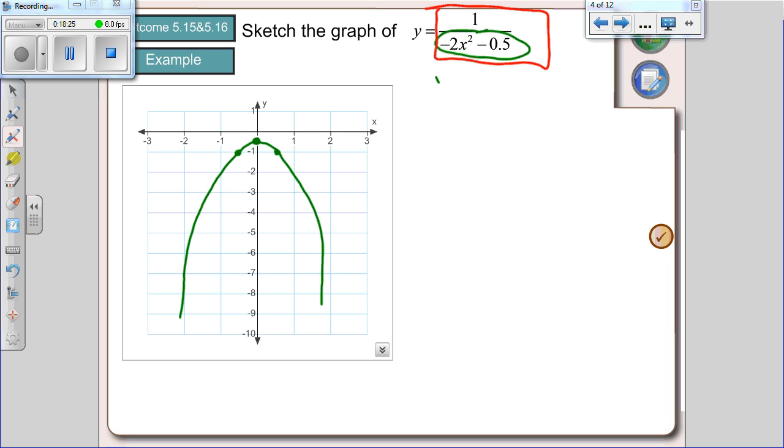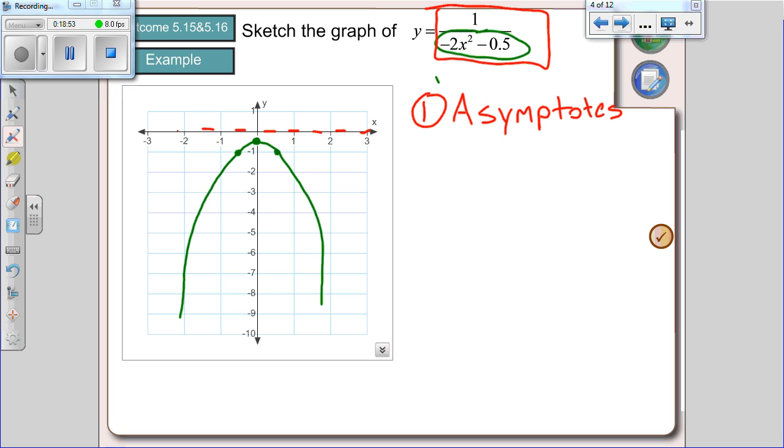There's 3 steps. Let's review from yesterday. The first step was what? Find your asymptotes. There's always at least one: the horizontal. That one always exists.